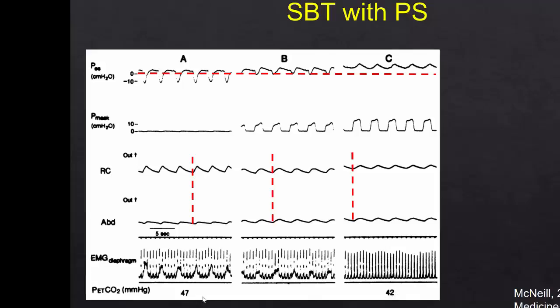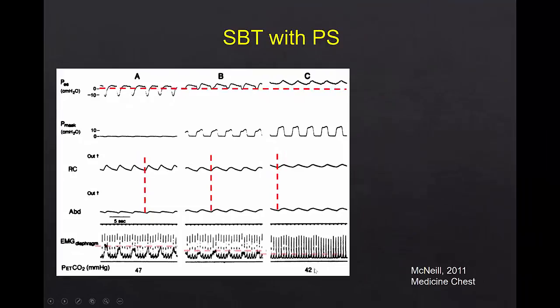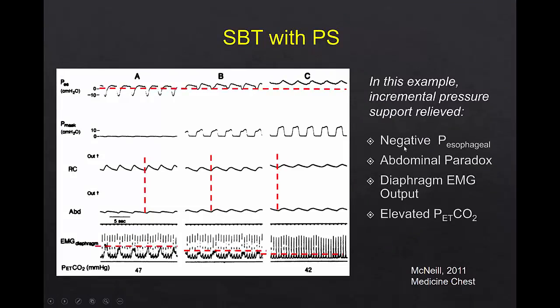And in the final example, during this change of pressure support from 0 to 20, the patient's end tidal CO2, which reflects his blood PCO2, dropped from 47 towards 42. So in summary, we can see that incremental pressure support relieved negative esophageal pressure, abdominal paradox, diaphragmatic EMG output and helped improve elevated end tidal CO2.